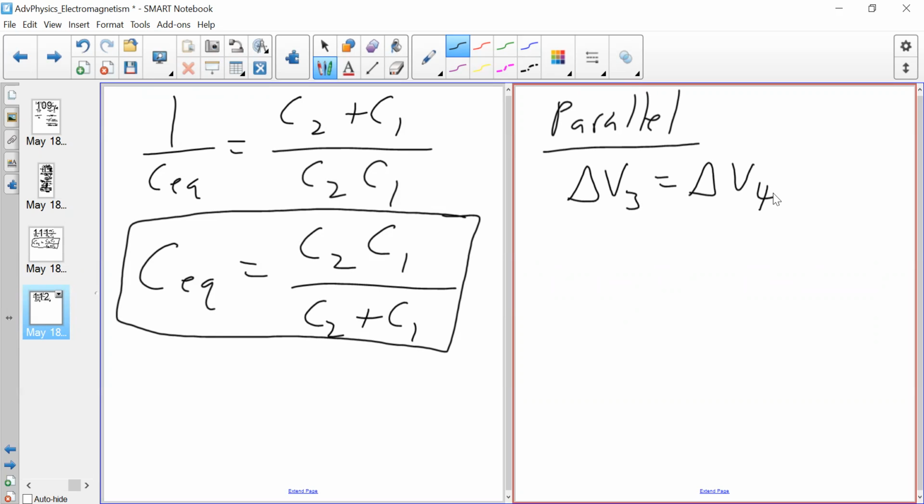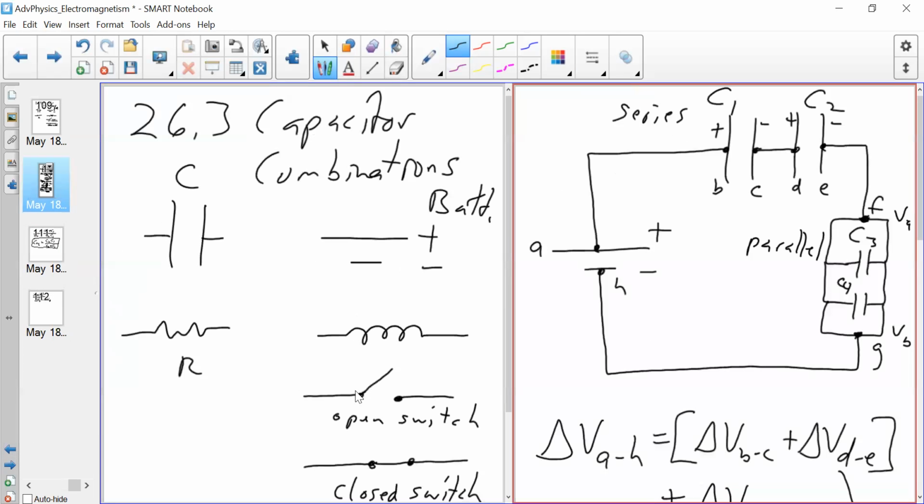Do you understand why? Both of those capacitors have the same voltage because they're between the same 2 points of voltage drop. Both capacitors are between F and G, so they have the same delta V, whereas these delta V's are different.